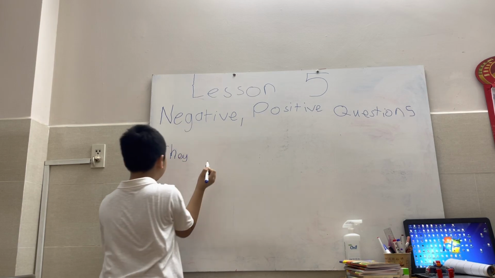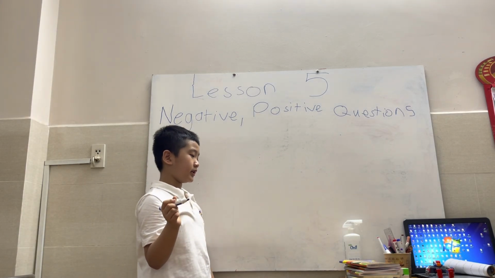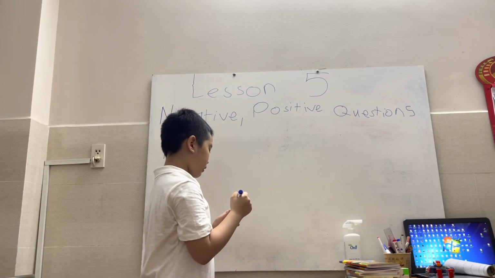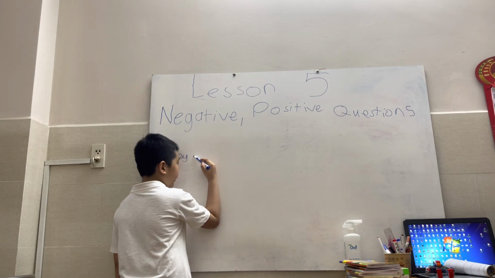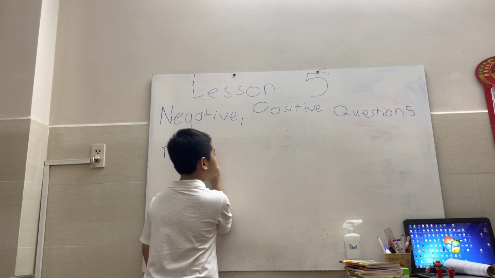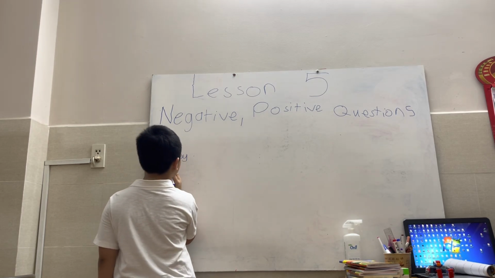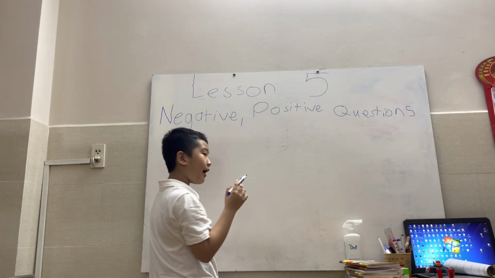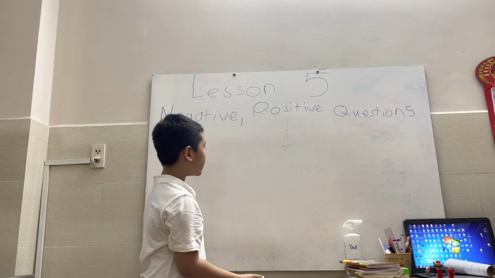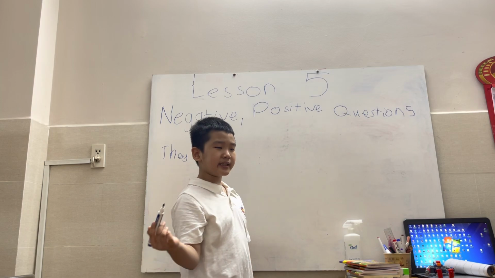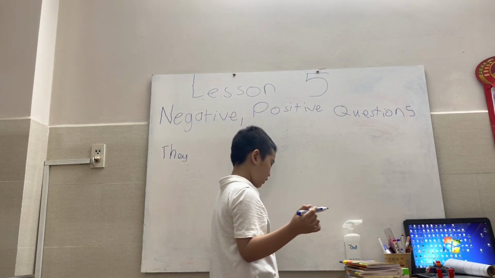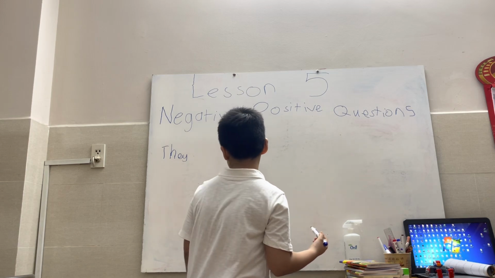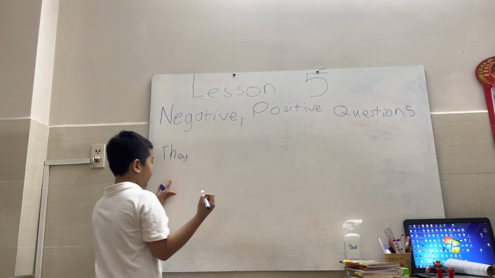Now, there are actually some main words about negative. They aren't or are not. You see, we have aren't or are not. We have is or isn't, or we could have am or am not. Now, they.